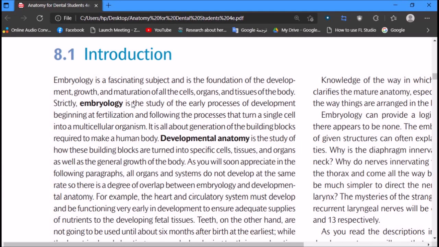The embryonic period covers the next 5.5 weeks, during which these basic building blocks develop into the cells, tissues and organs. As already indicated, some of these may be in a very rudimentary state at the end of the embryonic period.